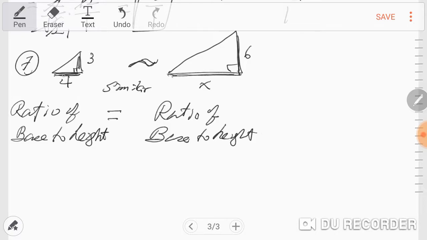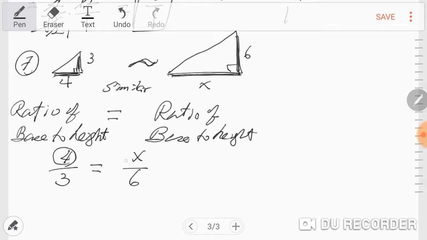So the ratio of the base to the height of the smaller triangle is 4 to 3. Then this should be equal to the same thing, the ratio of the base to the height of the larger triangle. So the base is x and the height is 6.